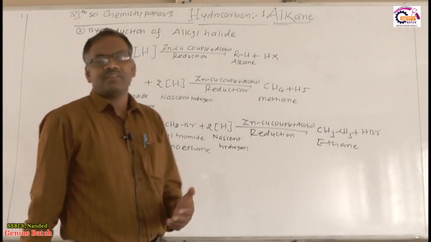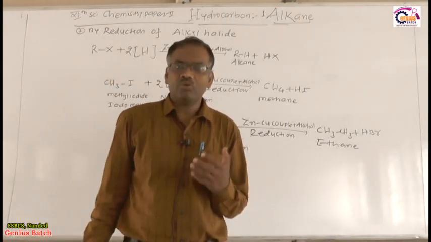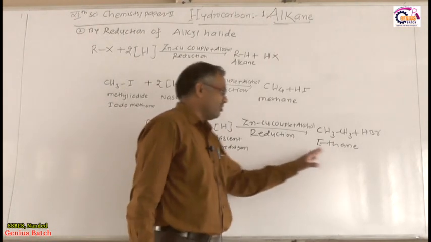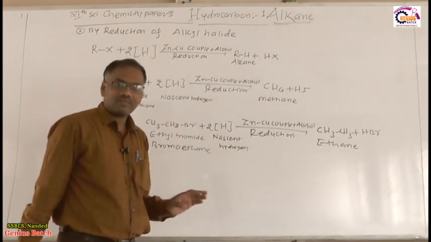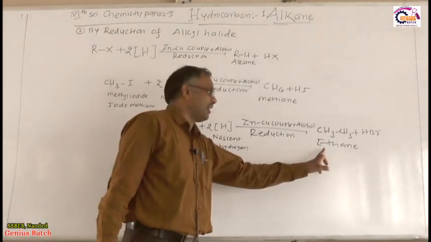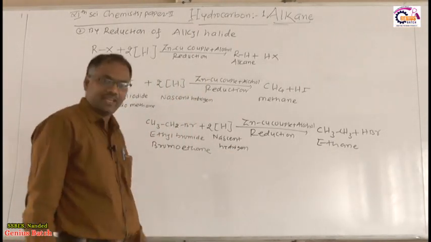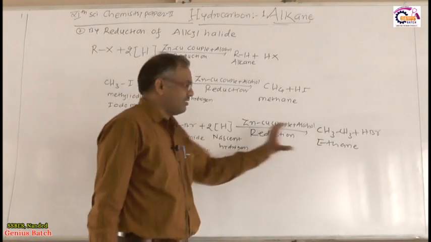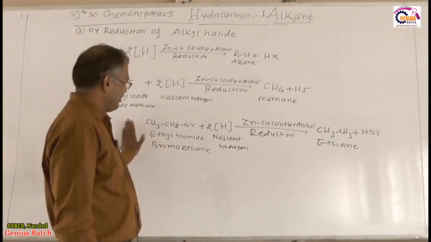In the theory exam, how will the question be asked? How will you prepare ethane from ethyl bromide? Or how will you prepare ethane from bromoethane? If the question is asked like this, you have to answer like this.